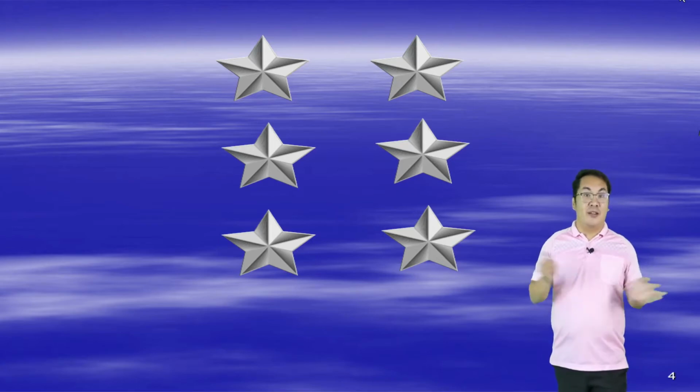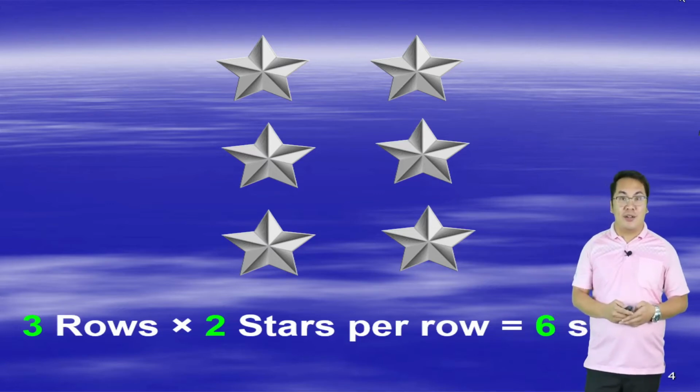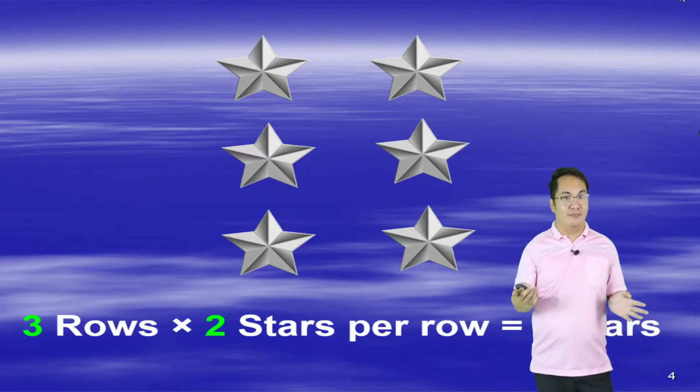How about in this picture? What can you say about this picture? There you go. We can say that 3 rows times 2 stars per row is equivalent to another 6 stars. Next picture.